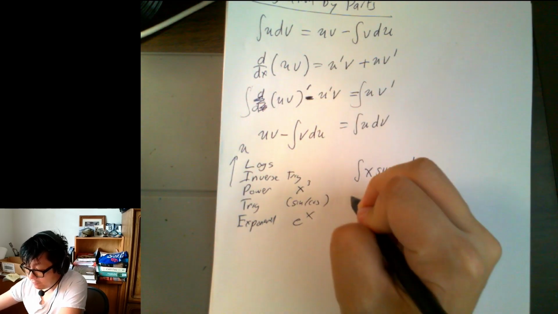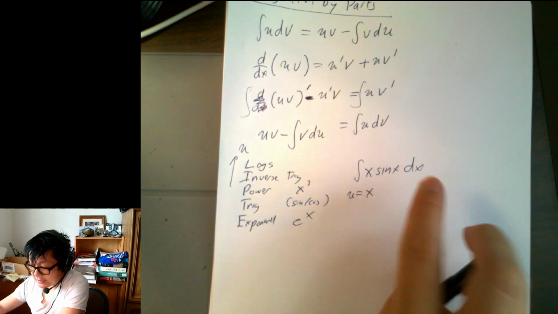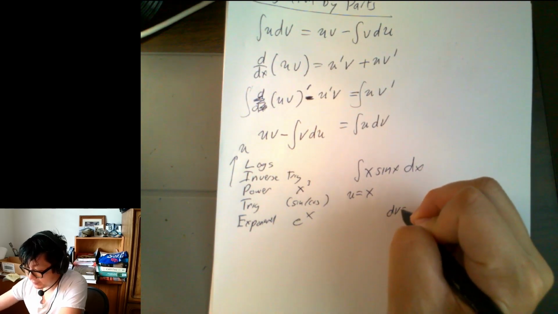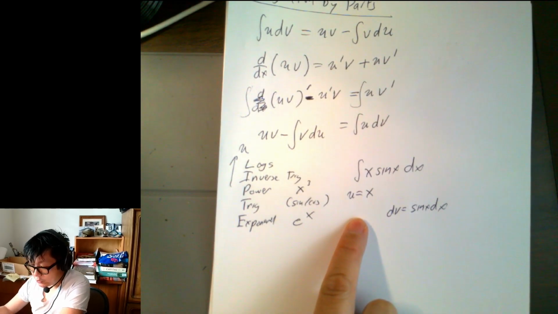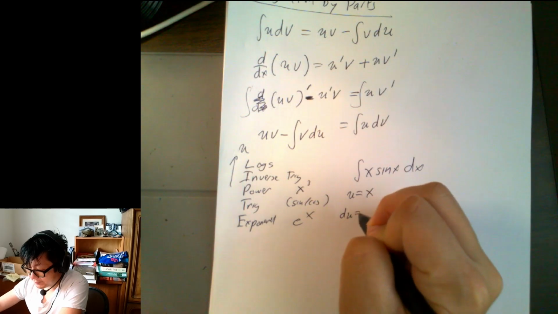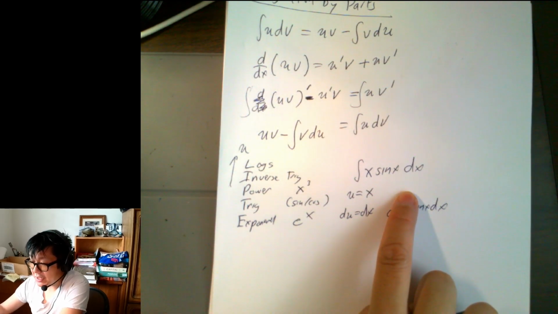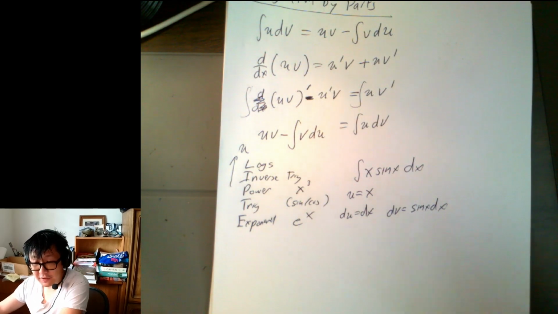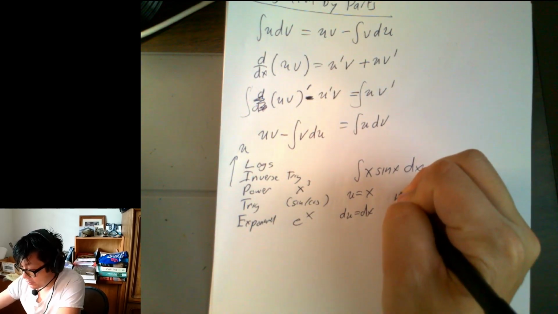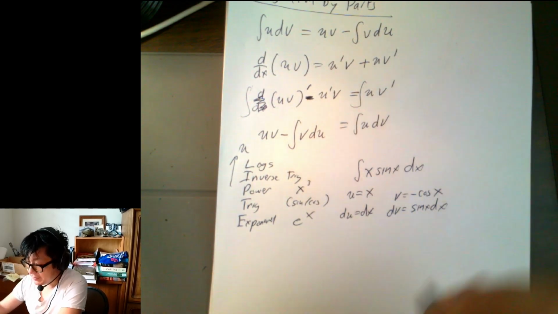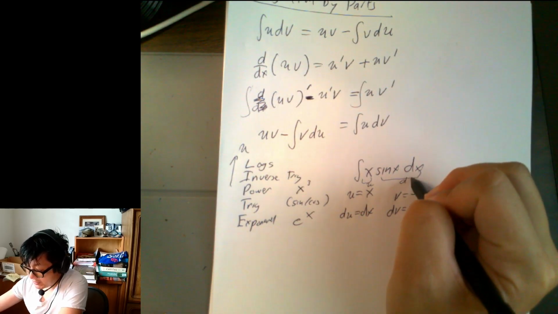And so here I would define u as x, and dv would be everything else, including the dx. To calculate du, I take the derivative. To calculate v, I integrate this, and I don't need the plus c yet. The plus c is something I can tack on at the end without loss of any information. So the integral of sine is negative cosine x. So again, this was my u, and this is my dv.